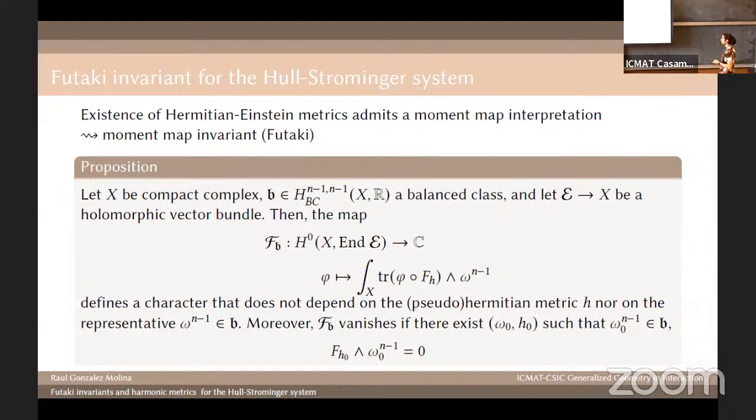Then this map here that has the Hermitian-Einstein term defines a character in the Lie algebra of holomorphic endomorphisms, and this does not depend on the choice of even pseudo-Hermitian metric, so it does not depend even on the signature, and it does not depend on the representative of the balanced class. And what is obvious from this equation is that if we have a solution to the Hermitian-Einstein equation, then this term vanishes. This will be important afterwards.